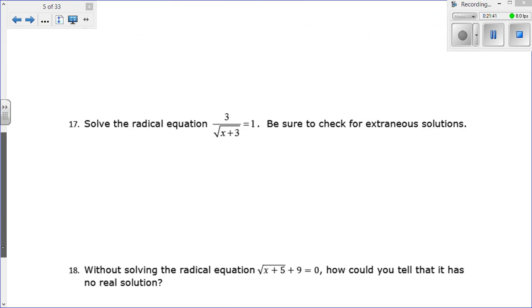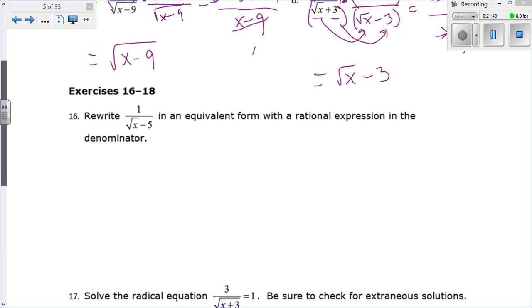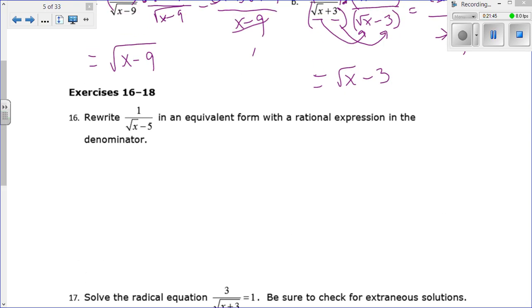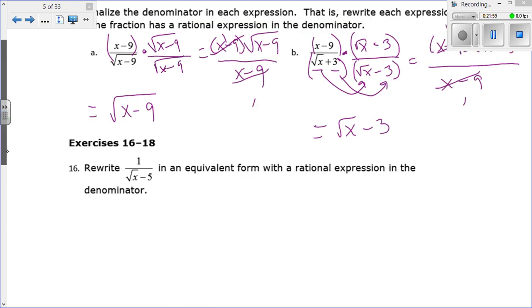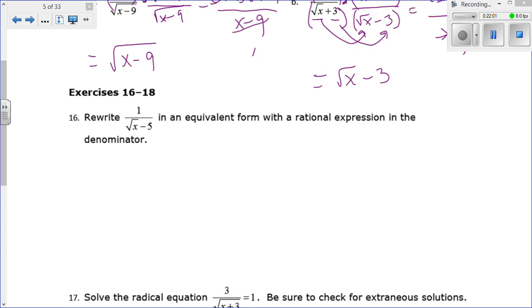All right, let's see here. I got 3 more to go. Oh my. Rewrite 1 over radical x minus 5 in an equivalent form with a rational expression in the denominator. Well, this is just like B up above. So I have 1 over radical x minus 5.